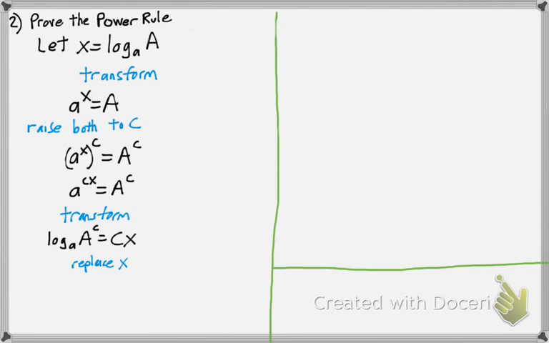So just like in the previous proof, I want to replace the x back with the original definition that I had at the beginning. So log base A of A to the c is equal to c, and then instead of x, I'm going to write it as log base A of A. And this would be the product rule, or sorry, the power rule.